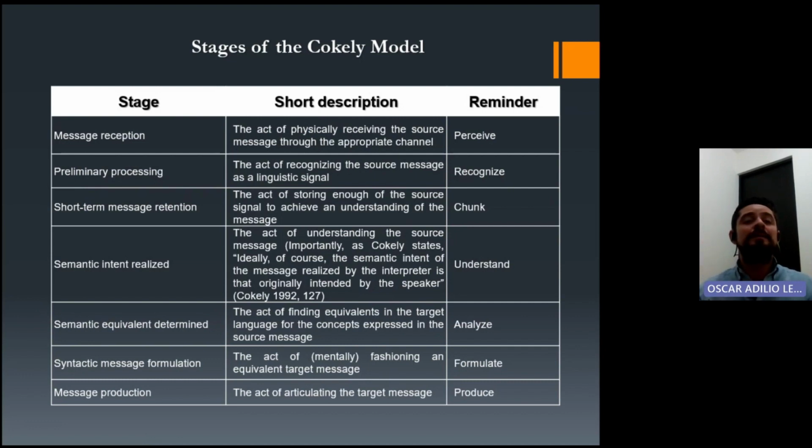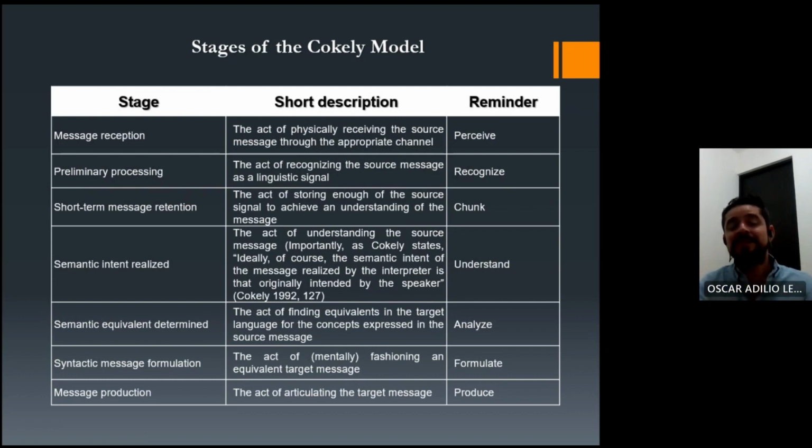And then our brain starts processing that information. So all that message that was coming through the sounds, our brain starts processing it and tries to understand it. And that is chunk. When we divide all that into small pieces of information for our brain to retain.